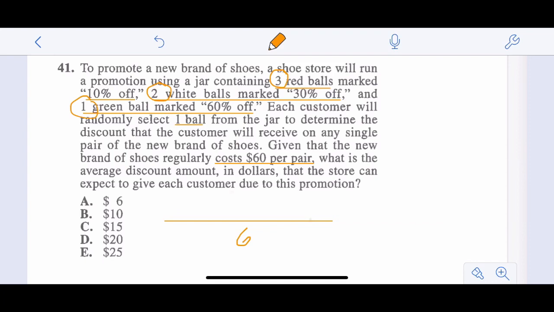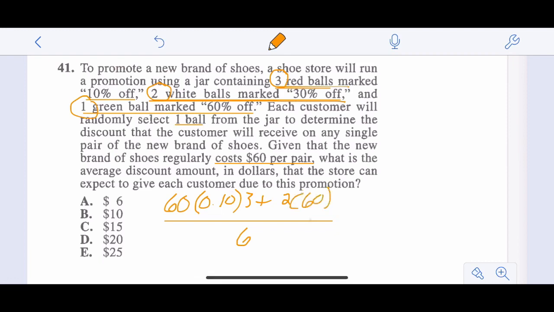And the 3 red balls are going to be $60 a pair of shoes times 10% off, so 10 over 100 or 0.10 times 3.